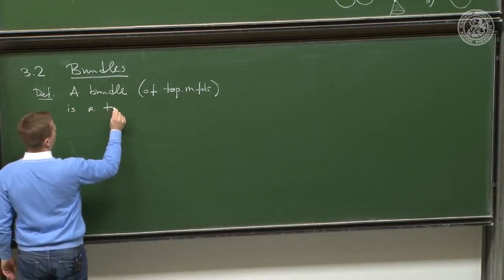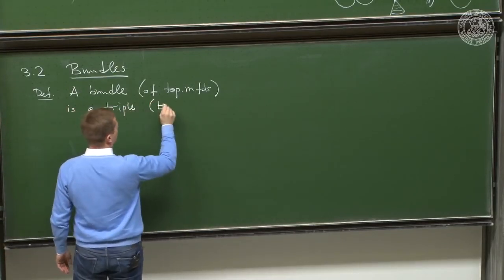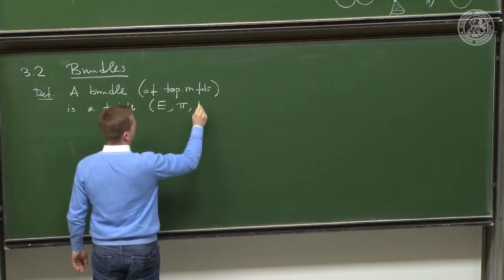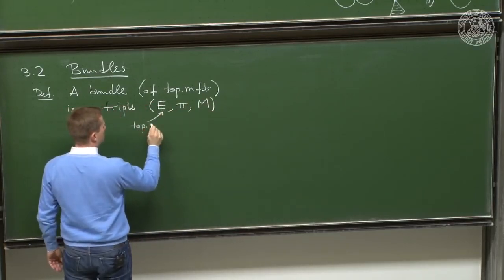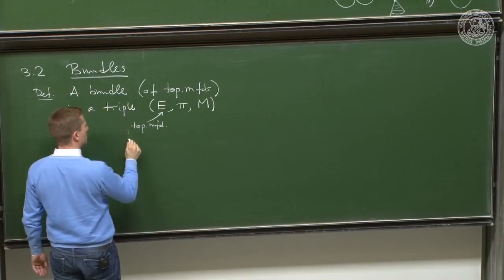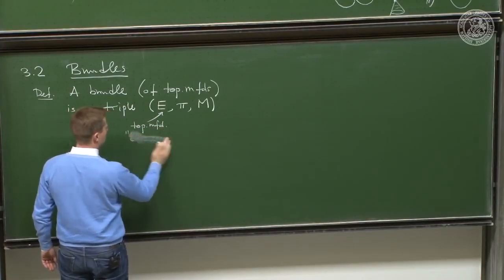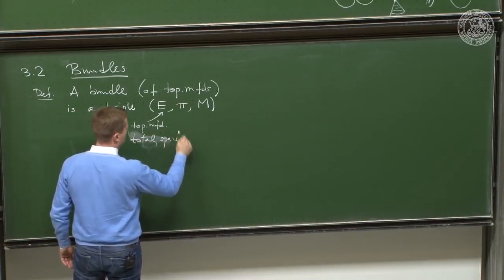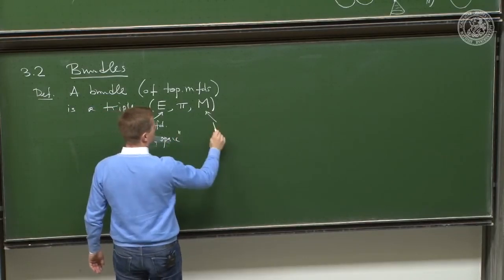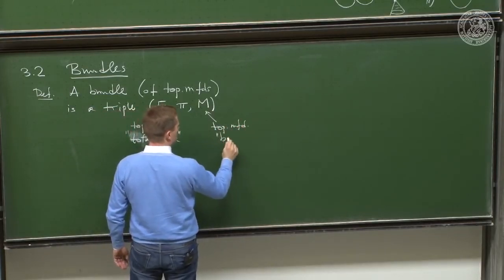is a triple. We have three data, and the triple is E, pi, M, where E is a topological manifold called the total space. Now, M is also a topological manifold called the base space.